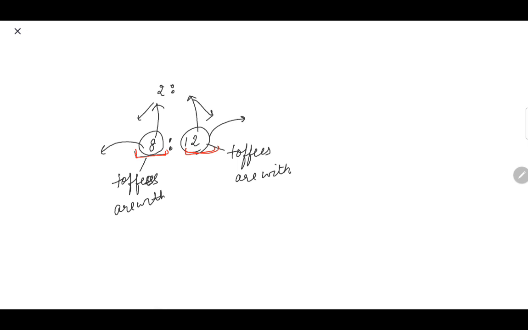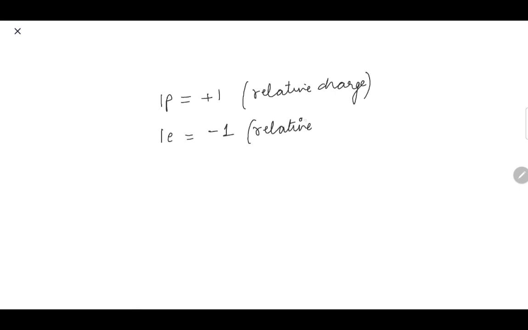Okay? So when I say the ratio of the charges is one proton's charge is plus 1, this is my relative charge. I hope you're understanding. And relative to what? Relative to, comparable to, electron. If you compare the charge of the proton with respect to electron, it would be plus 1, and electron's relative charge would be minus 1.